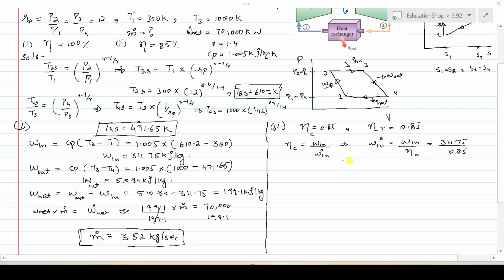After solving this on the calculator, you will get the actual work input of the compressor, that is 366.76 kilojoule per kg. Similarly, in case of the turbine, the isentropic efficiency is equal to actual work output divided by isentropic work output. Then the actual work output is equal to isentropic efficiency multiplied by isentropic work output.